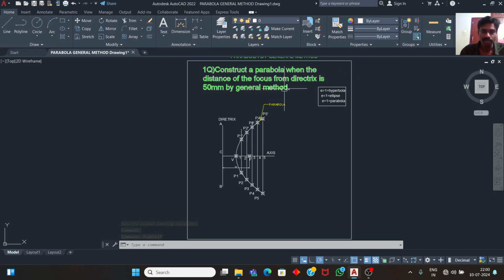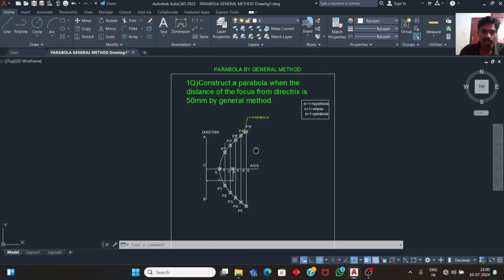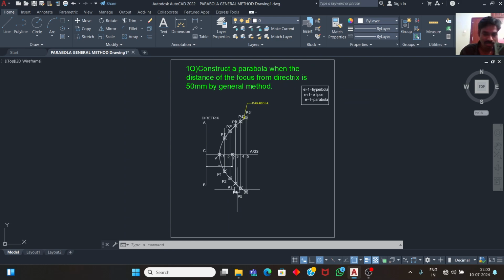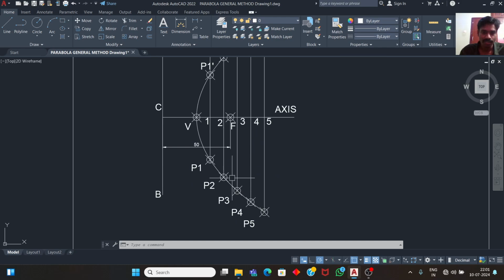In our question, they didn't ask to draw the tangent and normal. But in our examination, maybe they ask to draw tangent and normal also in some cases. So for that, how to draw tangent and normal? I will explain now.